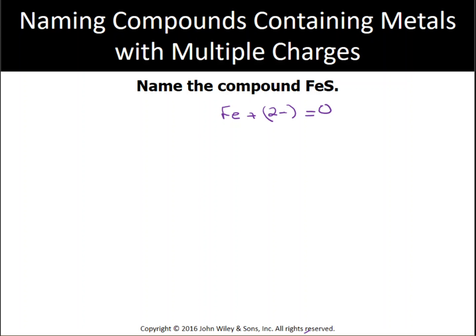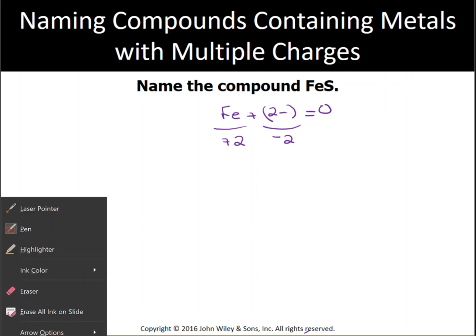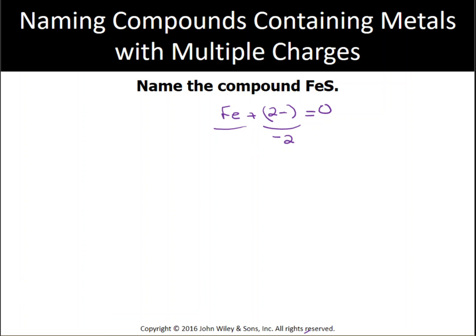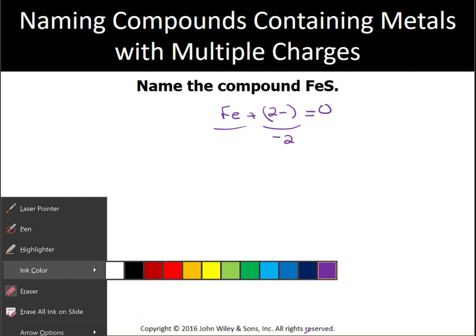That equals 0. So you have a 2 negative charge from the sulfide. That means the charge of your iron in this compound has to be positive 2 for this compound to be charge balanced.